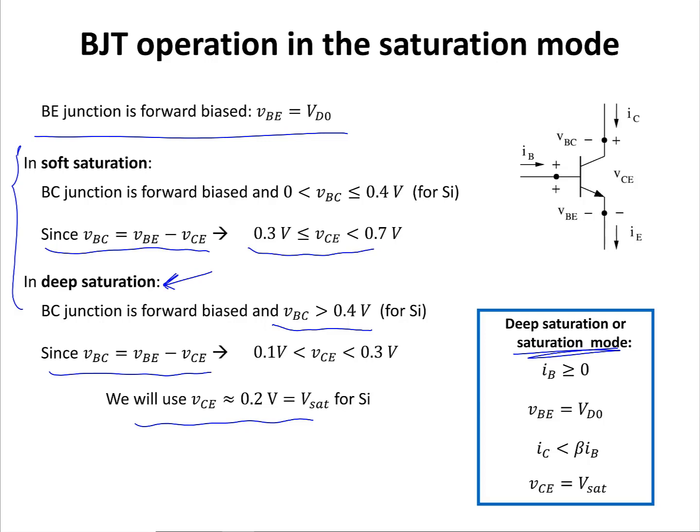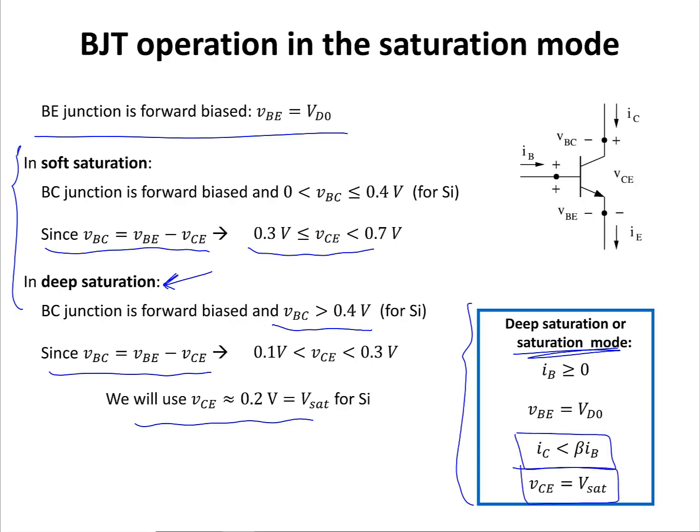So the current and voltage equations for a BJT operating in the saturation mode are IB is greater than or equal to 0 and VBE equals VD naught, meaning that the base-emitter junction is forward biased. IC, on the other hand, is less than beta times IB and VCE equals V saturation.